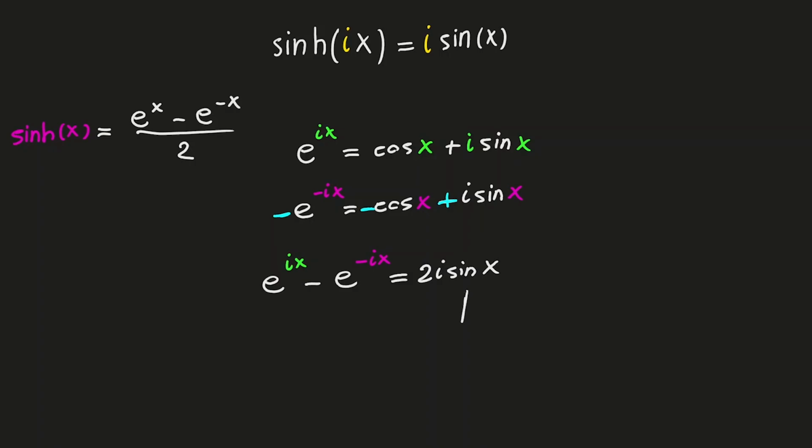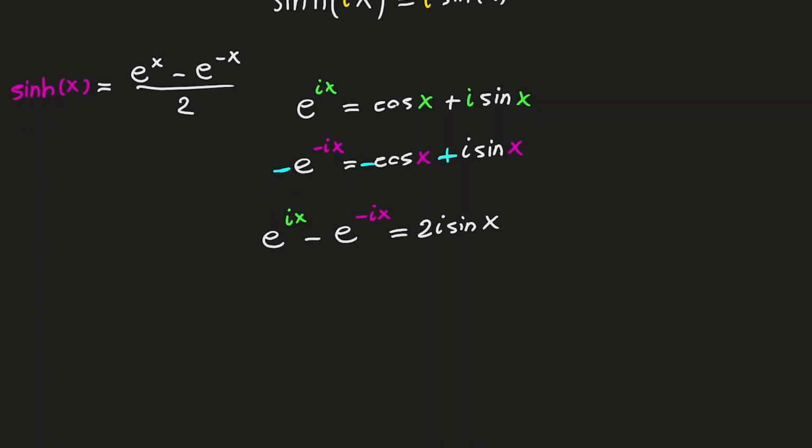Now we can basically get sine of x on the right hand side by dividing the left hand side by 2i. So e to the ix, let's do it here without rewriting everything, over 2i, and this equals sine of x.